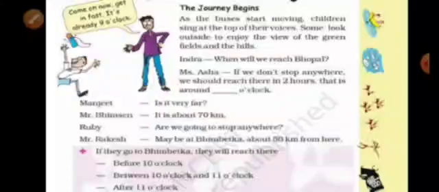That is around, so dear children, we have started at 9 o'clock. So after 2 hours, count after 9: 10, 11. So that is around 11 o'clock. One more example I am giving you. If it is 12 o'clock, what is the time after 2 hours?